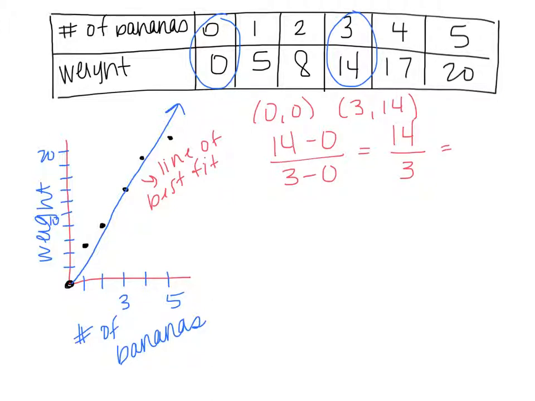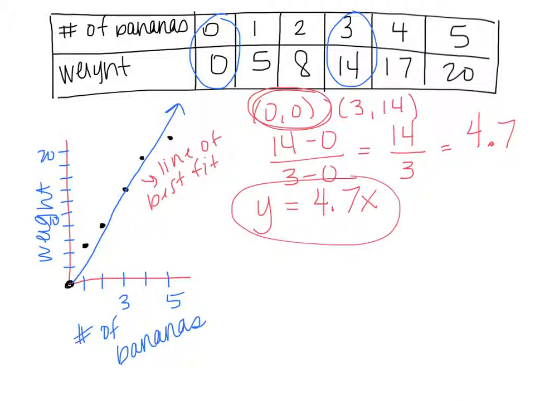If I actually divide it out, I'm just going to say that's 4.7. Now I'm going to take a point. This is actually my y-intercept, and I'm going to write my equation of y equals 4.7x plus 0, or y just equals 4.7x. So this would be the equation of the line of best fit.